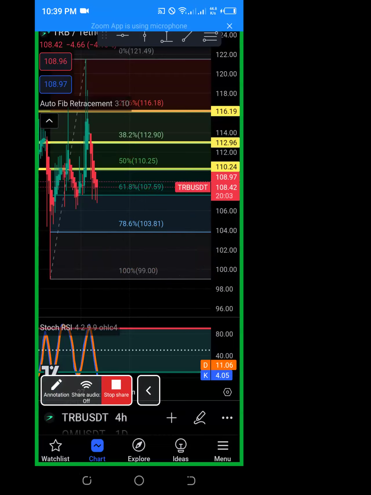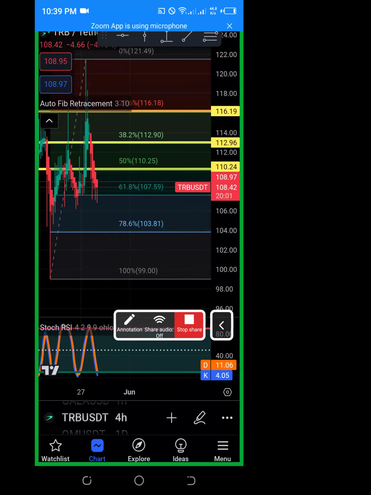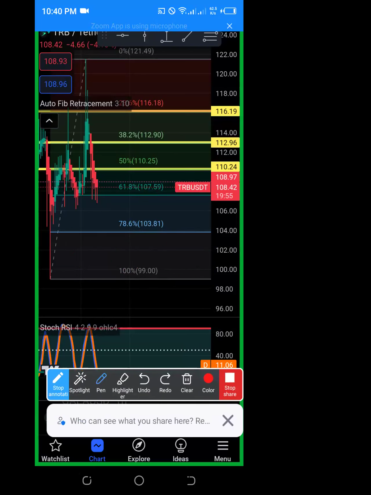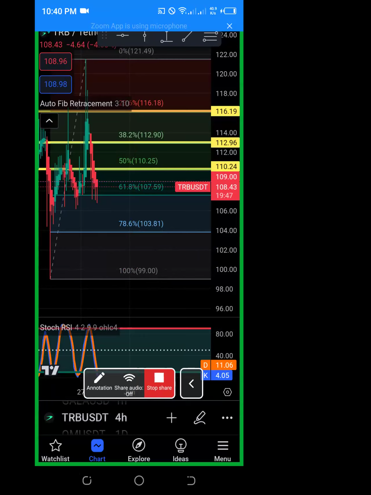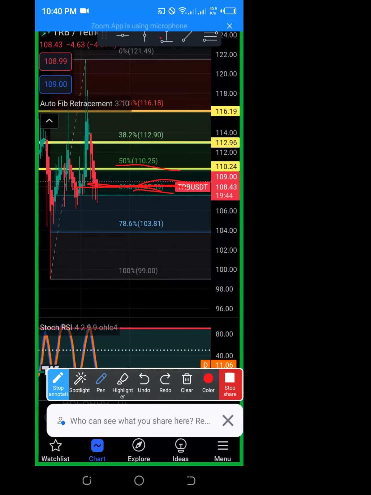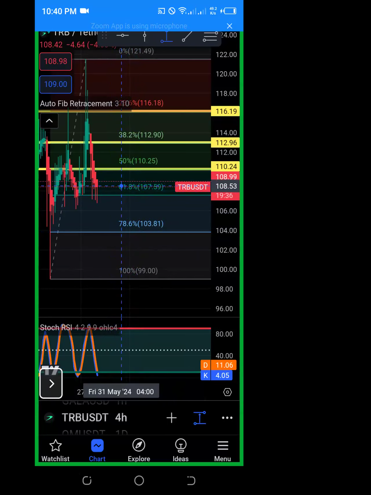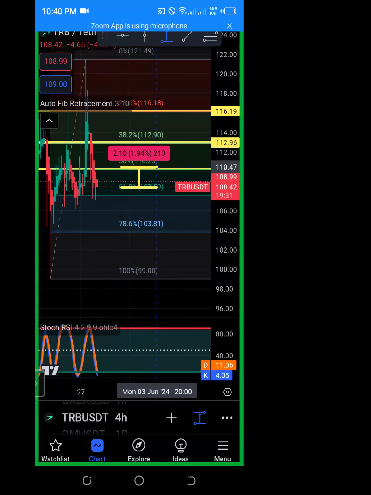Okay, so like I told you, you can simply enter this coin at the current price simply because it is below 50%. I've seen the current price of this coin. It is here, below 50%. So if I enter from here, I come up with my measurement: from the current price up to 50%, that is 2%.